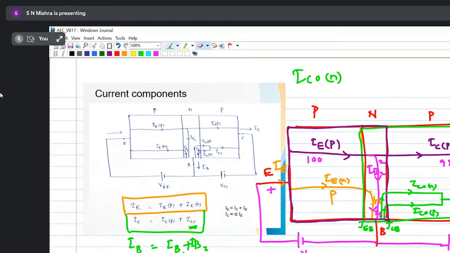So this is minus IB3. So total component present in the base is IB1 plus IB2 minus IB3. These two green lines are IB3. So both IB1 and IB2 are incoming, and IB3 is outgoing current. So total base current is this much, and I can write here in the base, that is IB.